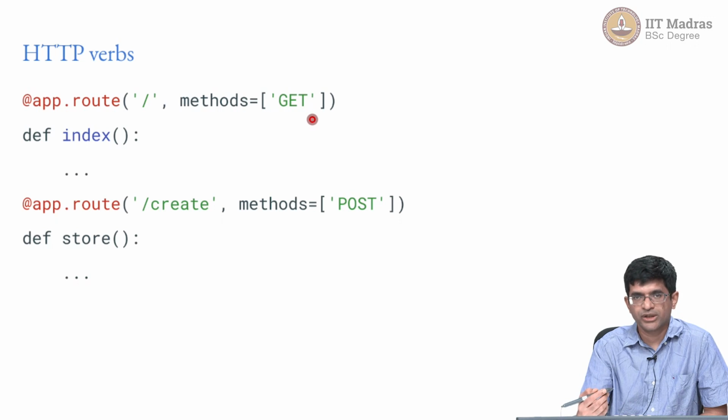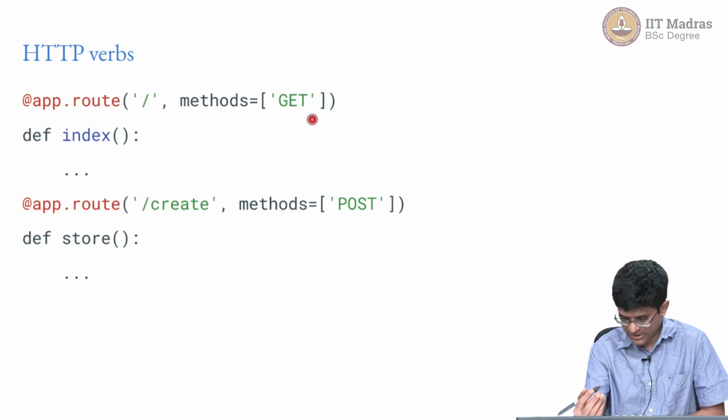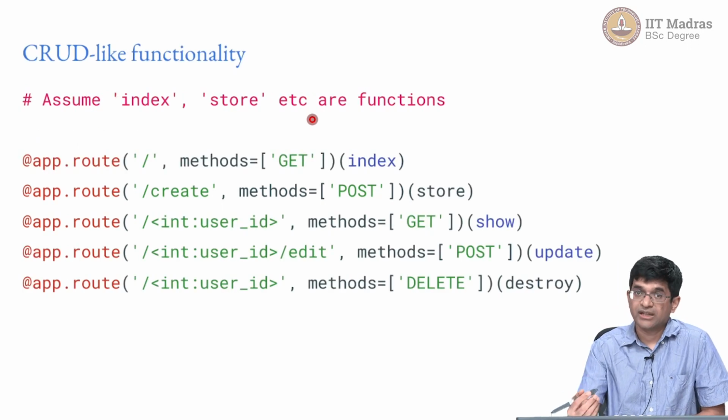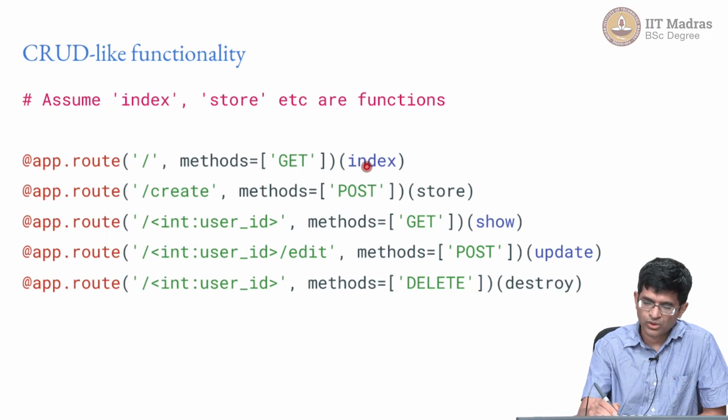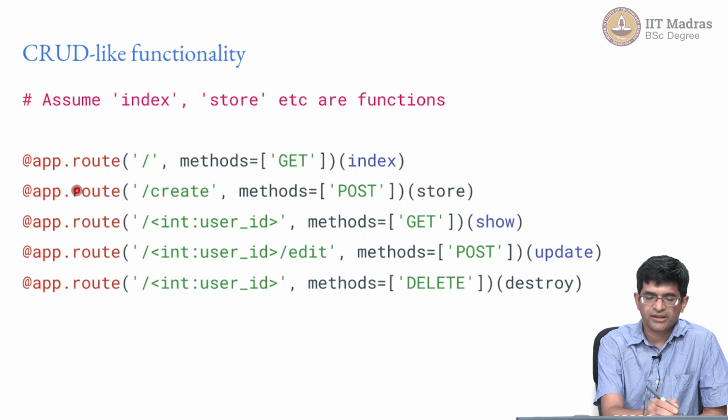And the most important thing over here, of course, is that we are using the routing, the mechanisms within Flask, in order to decide which function gets called based on the URL. Right? Which means we can now start doing more fancy things. Now, if I assume that index, store, show, update, destroy are all names of functions that have already been defined somewhere before, I can also do the decorator in a different way.